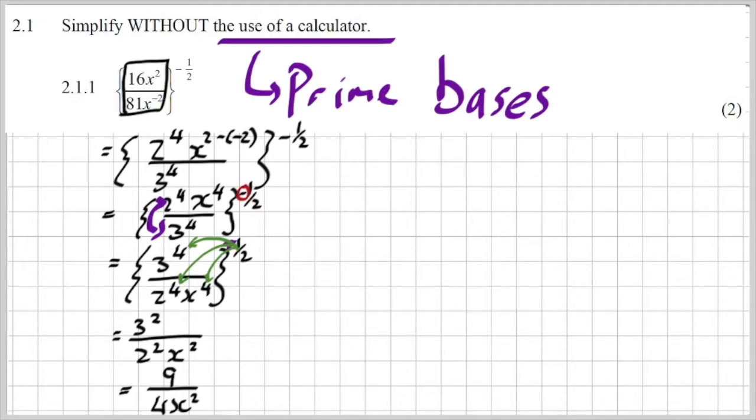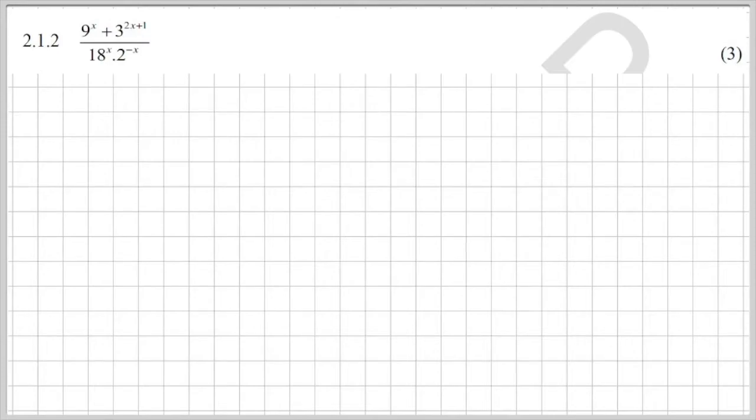When we look at the next sum, ladies and gentlemen, I see a plus between terms at the top. That is going to make my spidey sense flare up and tell me I'm thinking about factorization. I love these kinds of sums, and they will be asked in the exam.